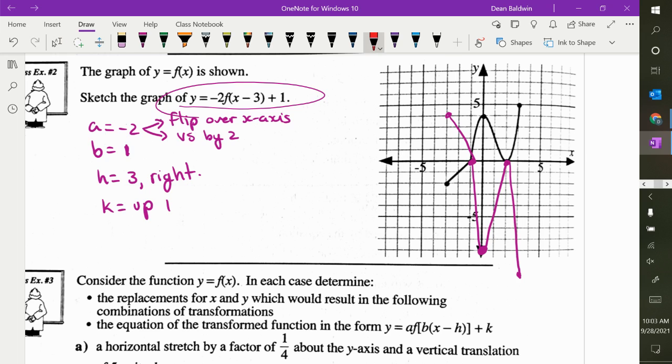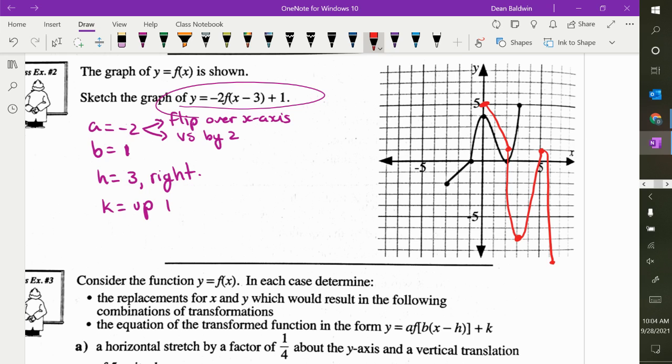So go for it. That's what your graph should look like.